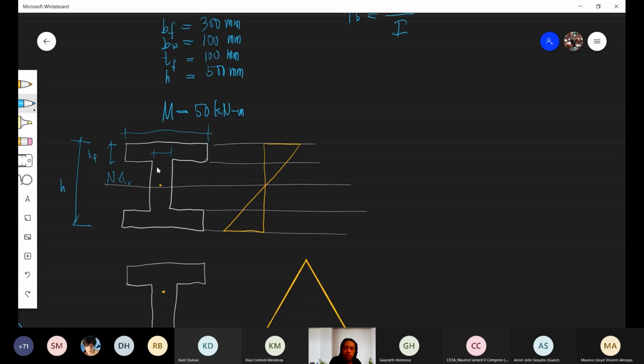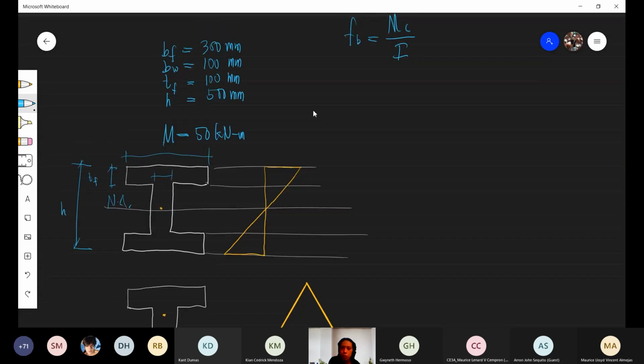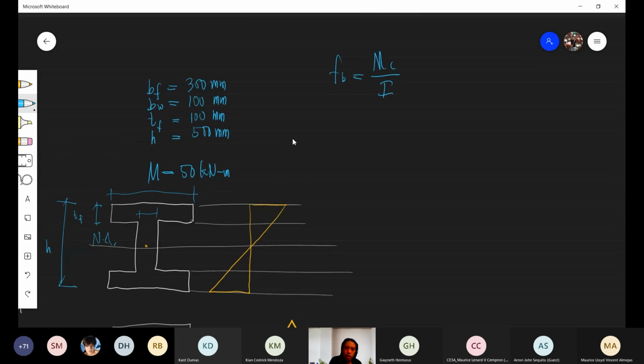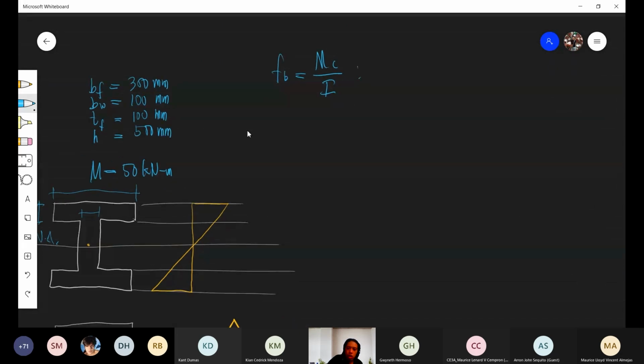So the C, the distance of the outermost fiber from the neutral axis, is just half of the 500, which is 250, right? So M is equal to 50. C is equal to 250, diba? This is in 50 kilonewton meter. This is 250 mm.